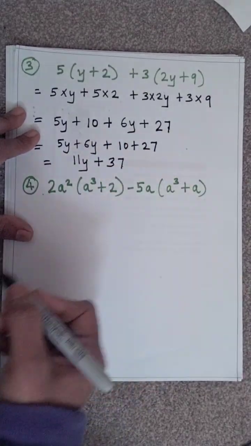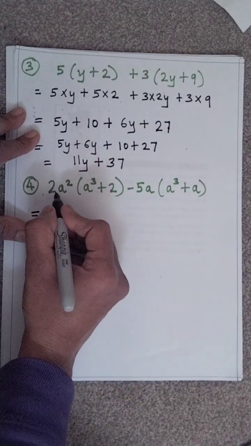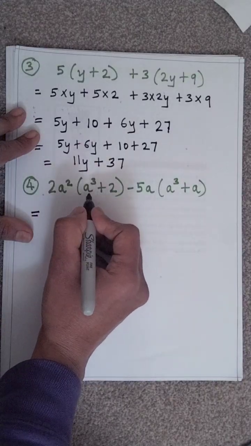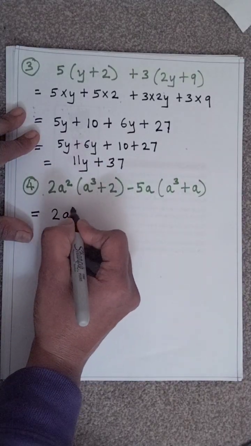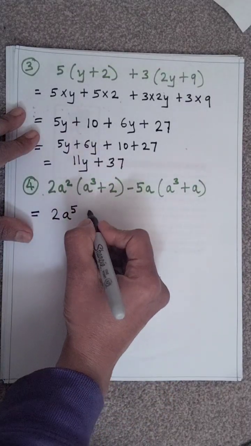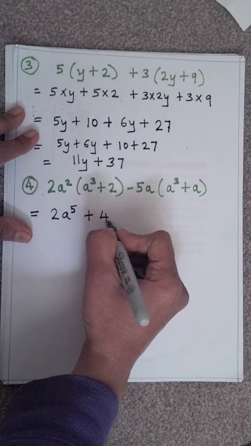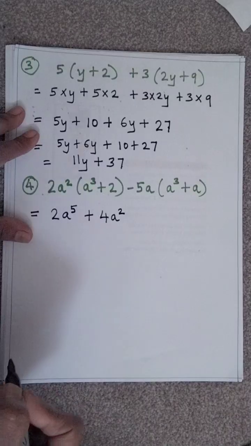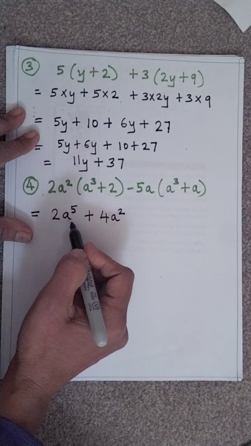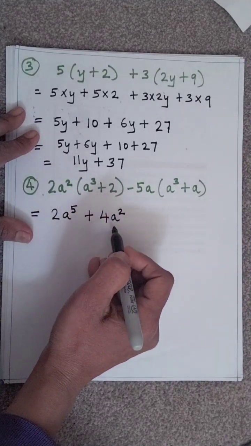We can do directly as well, because now you know how to solve. 2a square times a cube is 2a raised to 5, plus 2a square times 2 is 4a square. Hope you understood. Just open the bracket.